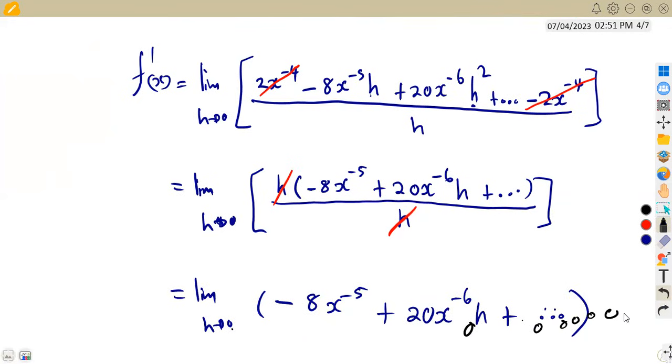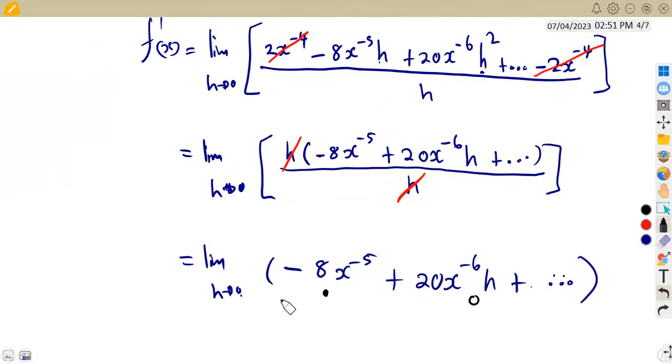All these terms will be 0, 0, 0, 0, 0 up to infinity. So we are going to remain with the term that does not have h at the end. Therefore, we can conclude that the first derivative with respect to x here is going to give us negative 8x to the exponent of negative 5.